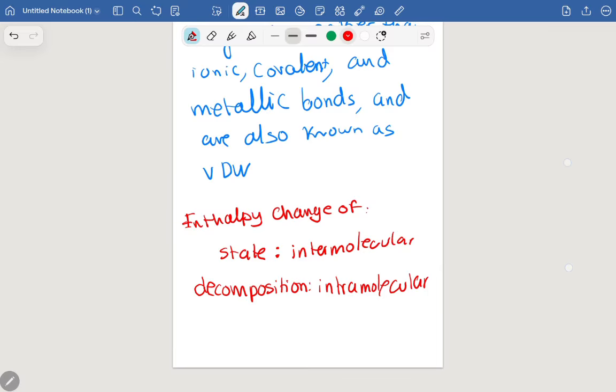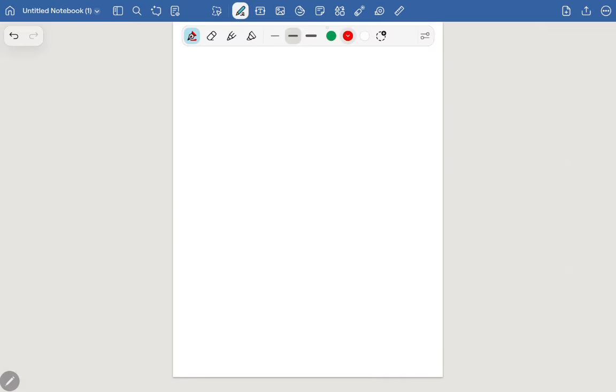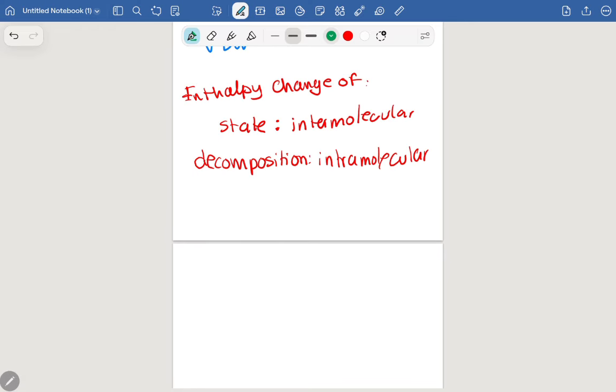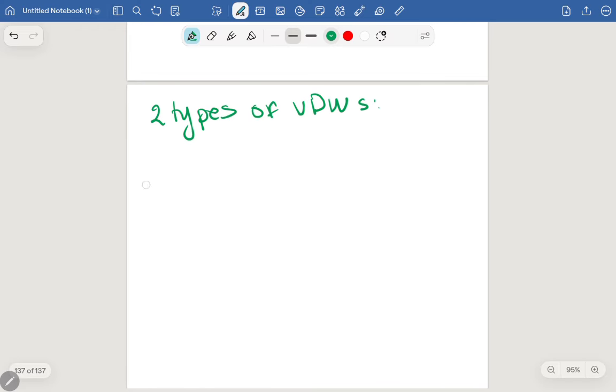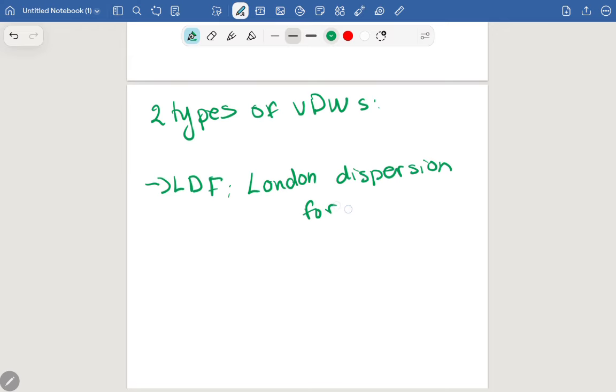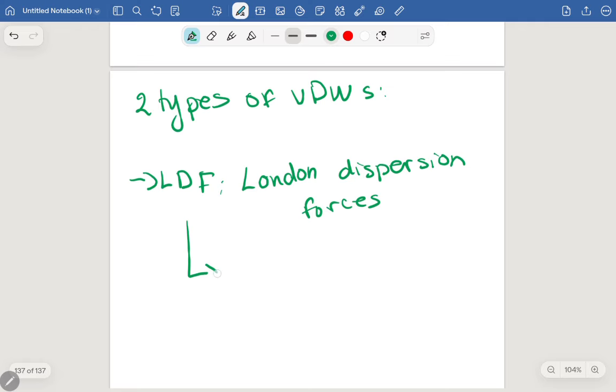Now we move on to going deeper into the van der Waals forces. There are two types of van der Waals forces. The very first is the London dispersion force, the LDF. What is the type of bond in the London dispersion forces?